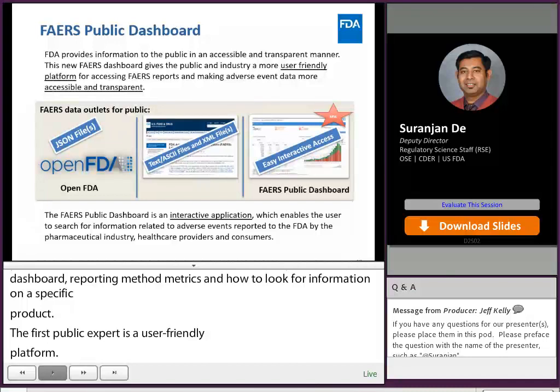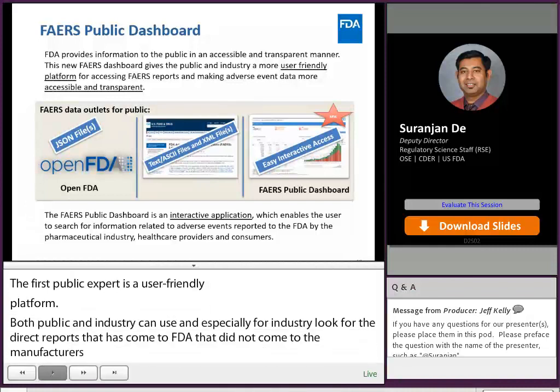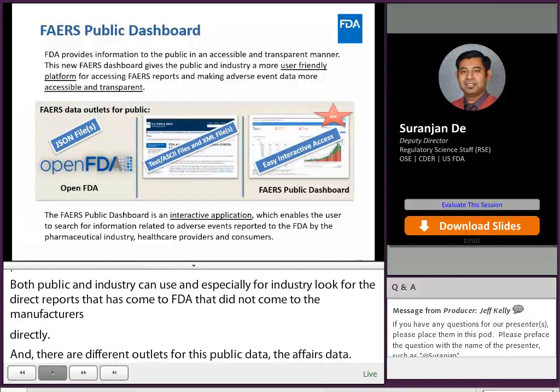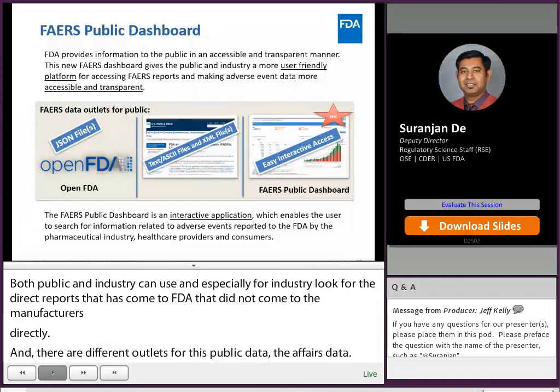There is Open FDA, where you can download JSON files. You can go to the FAERS quarterly data extract, where you can download ASCII or XML files, or you can use the interactive access, wherein you don't have to download anything or create your own database, but directly go here and review those cases.